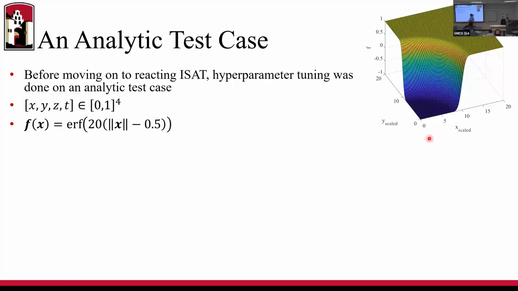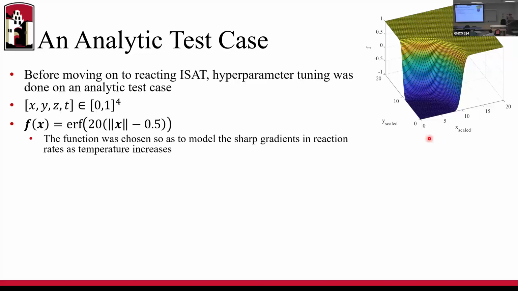So we're multiplying it by 20, so that in the middle of this domain, the error function quickly jumps from 0 to 1. And this is done to model some of the issues that we're getting in computational combustion. That as our temperature increases, our reaction rate quickly jumps from pretty much nothing to a very high value.